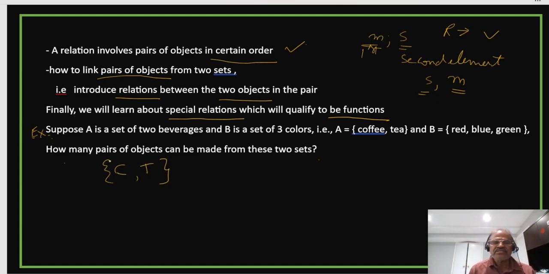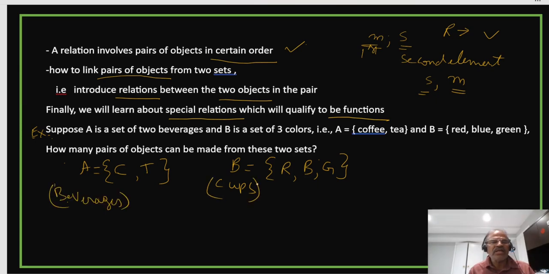This is set A. And the second one is different colored cups. You can say that is set B, which has red, blue and green cups. These are cups, and this is beverages. How many combinations can you have?